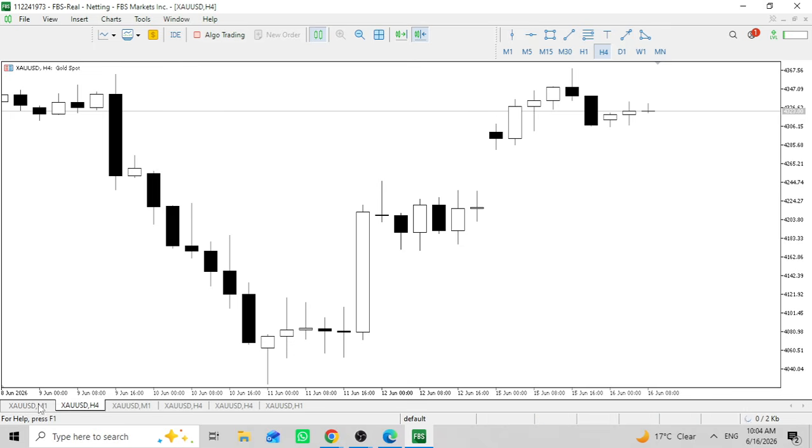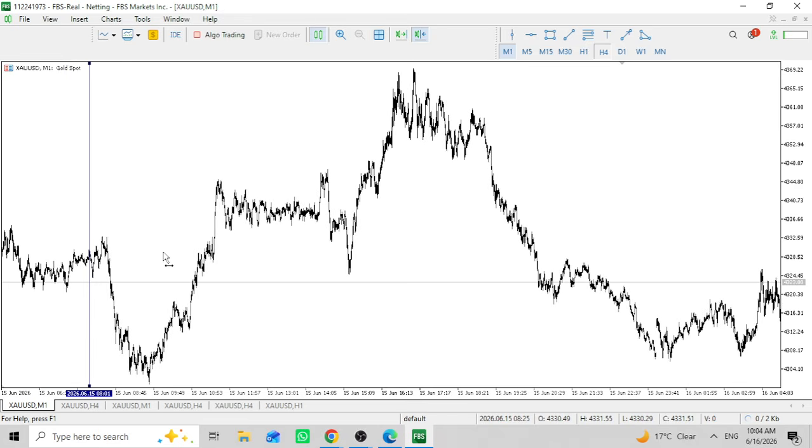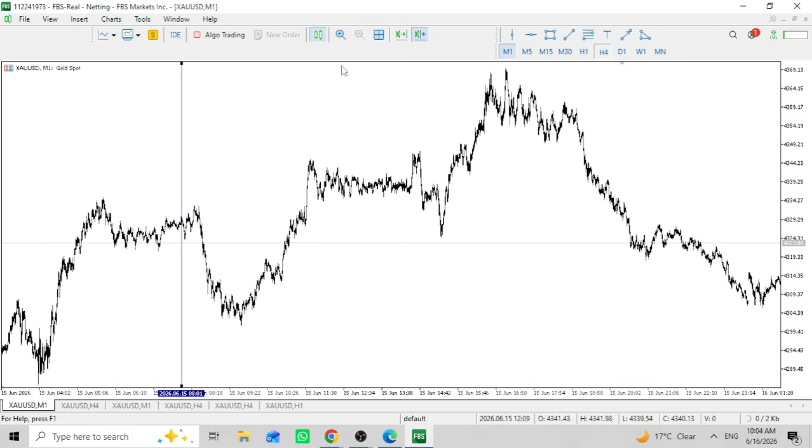This is what I'm saying. I label the start of a 4-hour candle, which is 8 a.m. There. And the other 4-hour candle opened here.